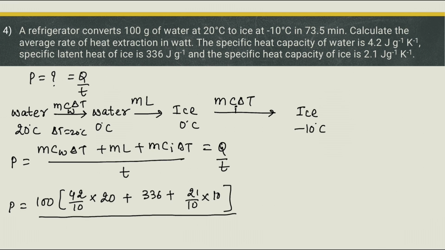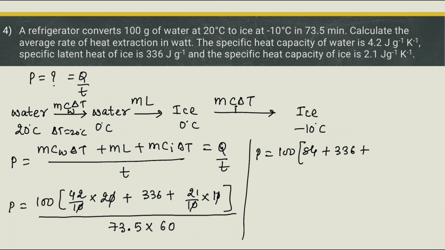And this entire process is completed in 73.5 minutes, which must be converted into seconds. So now the 10s get cancelled, here also the zeros get cancelled, and we get power is equal to 100 into 84 plus 336 plus 21 upon 735 into 6.